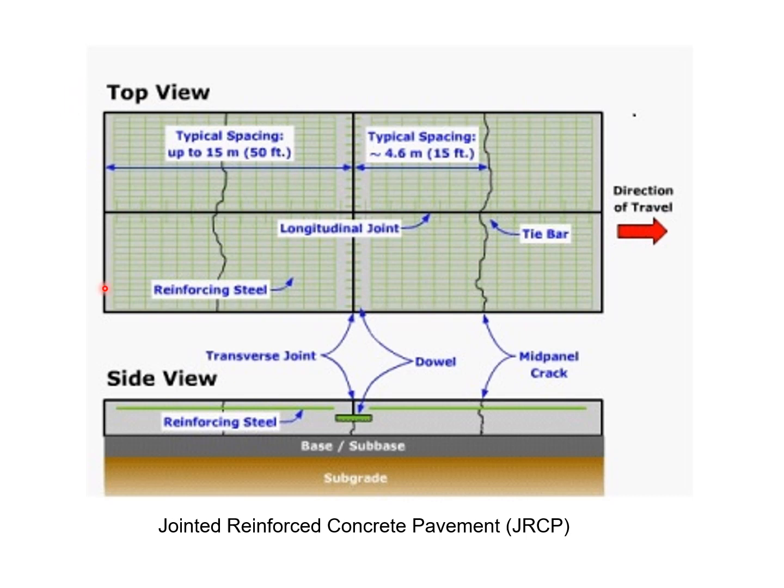This next slide is showing the jointed reinforced concrete pavement, JRCP, and you can see the longitudinal joint, the transverse joint, and at the joint we have the dowel bars. But as this is the jointed reinforced concrete pavement, we have reinforcement in the panels of the concrete.